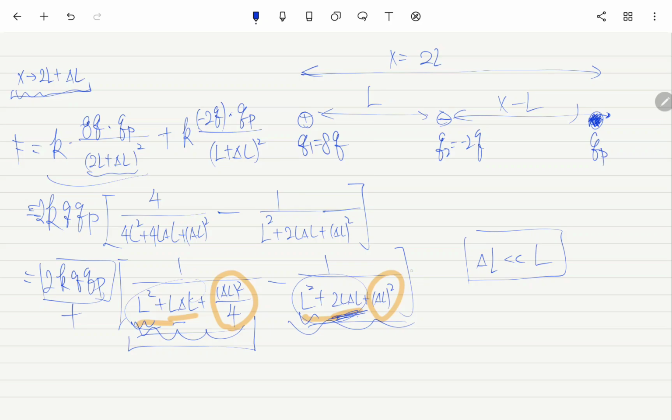So in that case, we know that this whole expression is a positive value, right? Okay, this is a positive value.